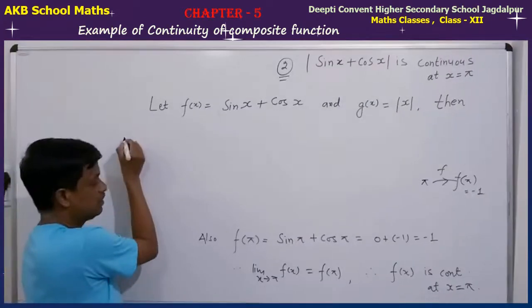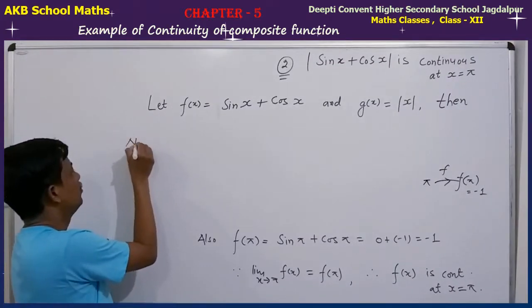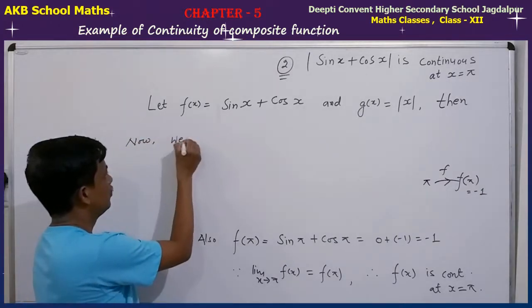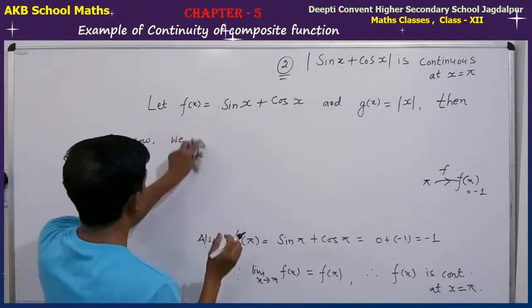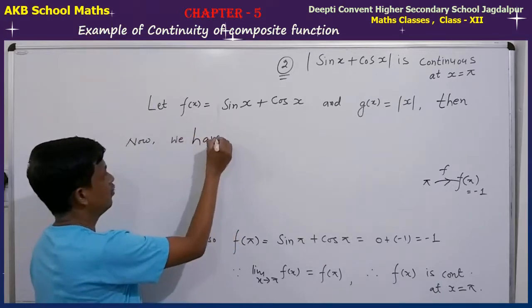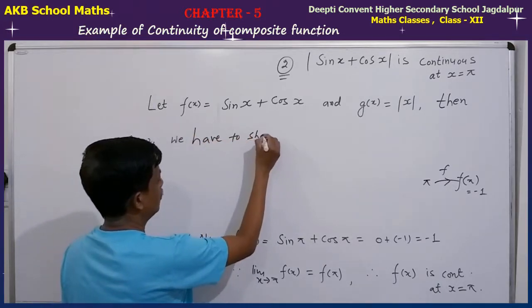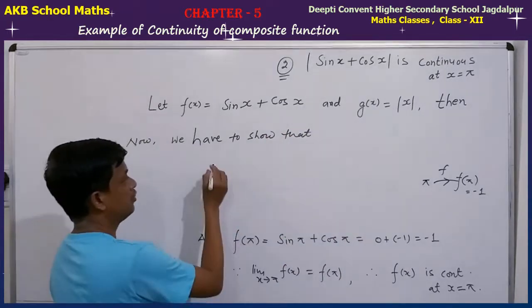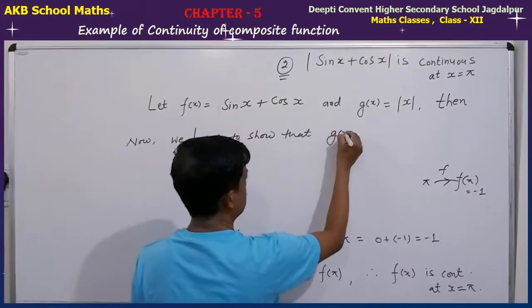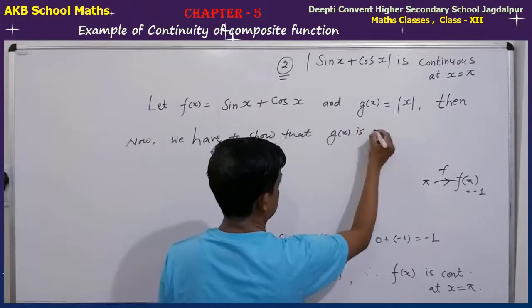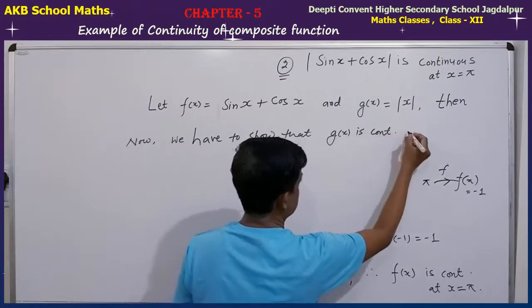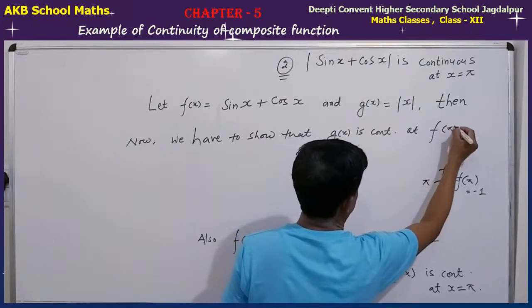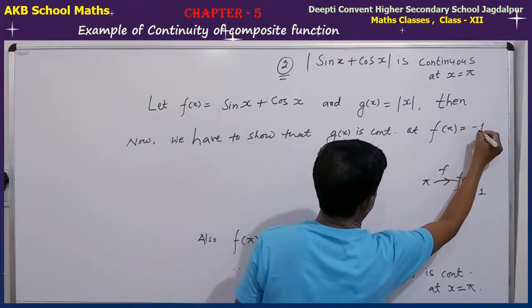Also, we see that now we have to show that g(x) is continuous at f(π) equals -1.